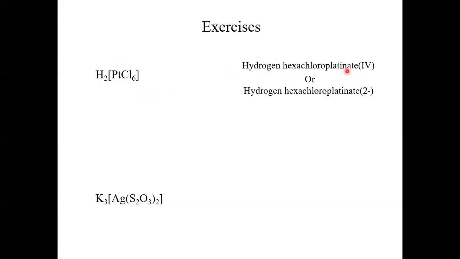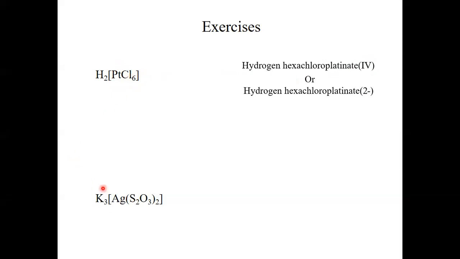So that makes platinate. So the oxidation number is +4. Why is that? Because the complex anion has a 2 minus charge. So the 6 chloro ligands are negatively charged, so 6 negative charges. So how many positive charges do we have to add to these 6 negative charges so that we arrive at 2 negative charges? Well, we have to add 4 positive charges.